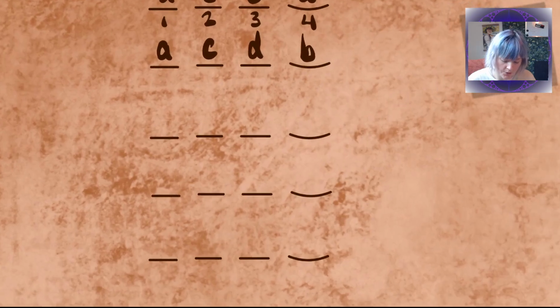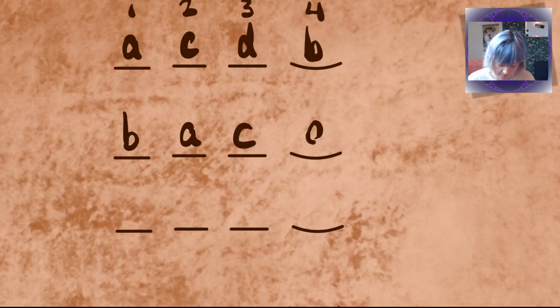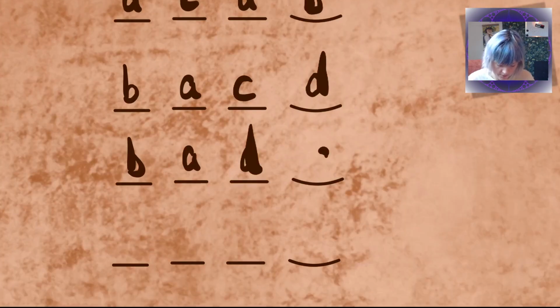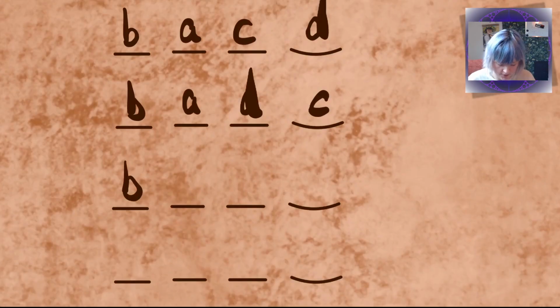Anyway, we know we can't choose A anymore, so I'm going to choose B. And then I'm going to choose A, and we'll just do C and D. Okay, I'll do B again, keep A, all I can do is swap. Now I can't keep A in this case, and I can't do B either.